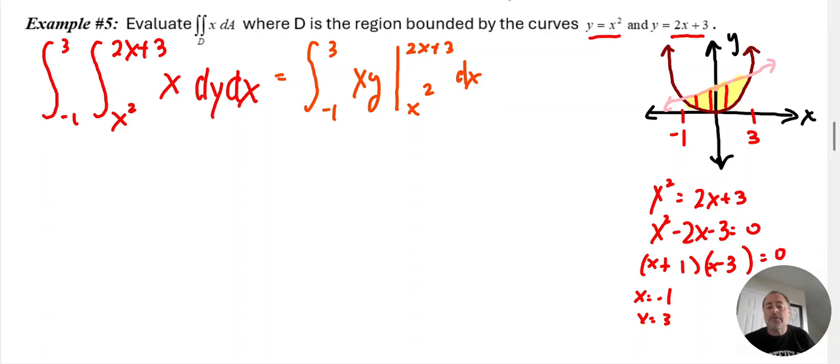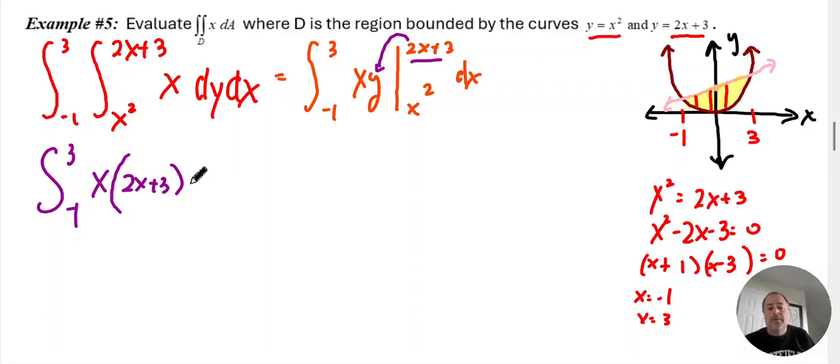And then just like before, we take all of this and replace it with y. So from -1 to 3, I'm going to put parentheses around this for a second so we can see what's going on. We're going to do x times (2x plus 3) minus x times (x squared), dx.